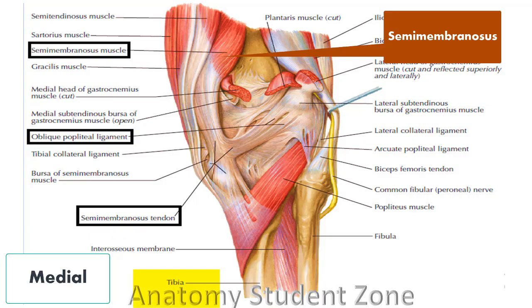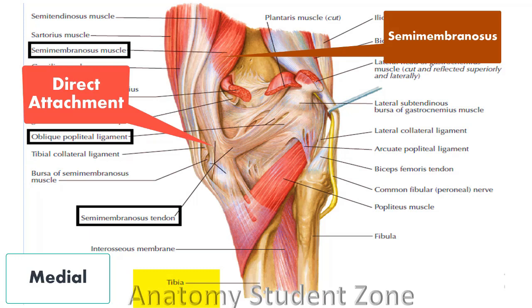The first part of semimembranosus attaches distally as a direct attachment, meaning it attaches directly on the posterior surface of the medial tibial condyle. You can observe the first part in this image.